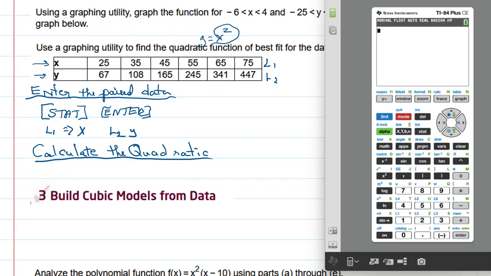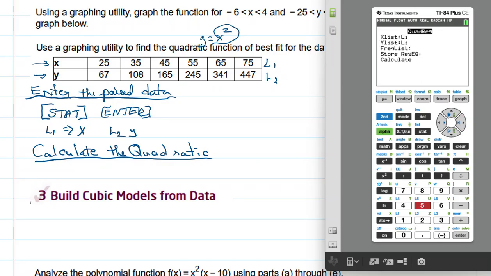But let's just go with this. Okay, we're going to just do the quadratic. We're going to go to stats, because that's where our data is. Arrow over to calculate. And now we have to choose the one that says quadratic. It's not a quartic, it's a quadratic. So it's number 5. Does everybody see 5?